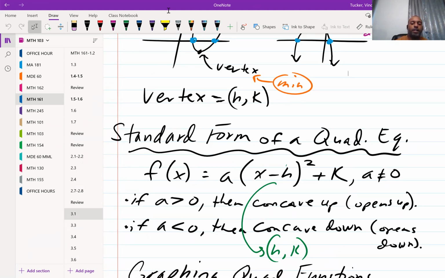Also, (h, k) once again is our vertex. Notice that you use the sign for k, but you use the opposite sign for h. Notice we have that minus h in the formula, but when we talk about the actual ordered pair, it's just h. So you use the opposite sign of your h.